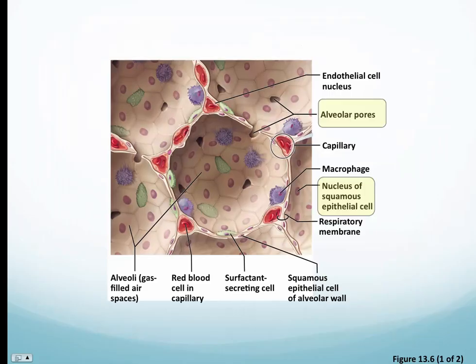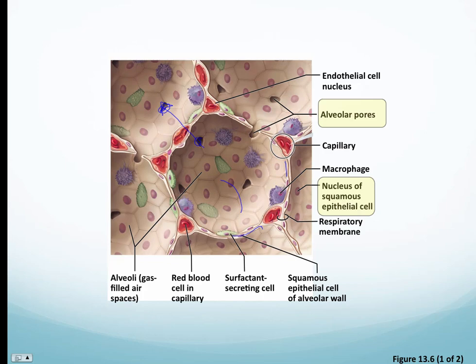If we take a closer look at this alveoli, we're going to notice a couple structures. We'll start off here with those alveolar pores that we saw earlier that allow the connection of gases between each of these alveoli. Another thing we have is a simple squamous epithelium, very nice and thin, also to allow the entrance of oxygen into our capillary bed and removal and disposal of carbon dioxide into our lungs.